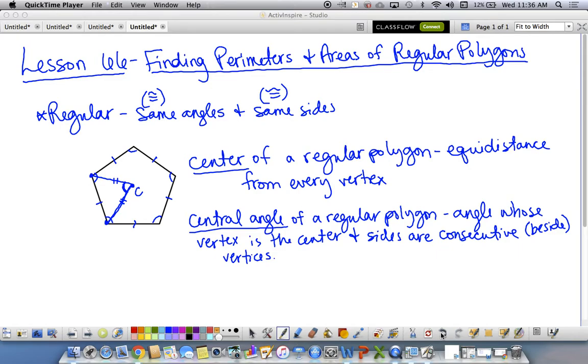One more definition that we need to write is called an apothem. An apothem is special to a regular polygon.